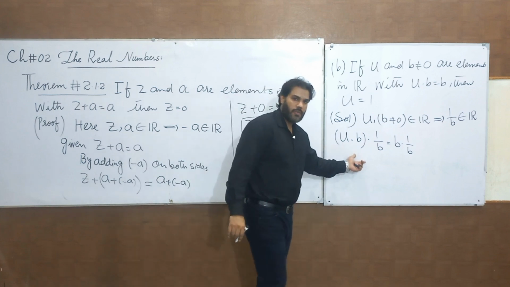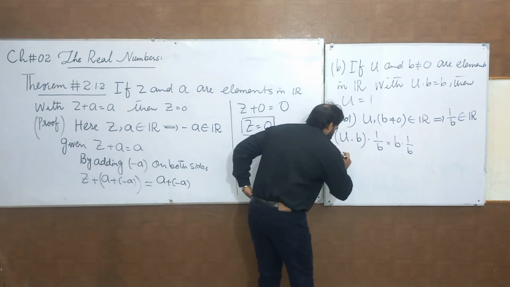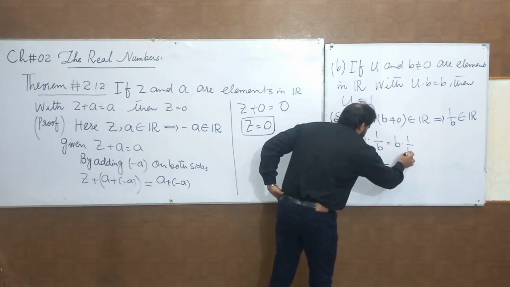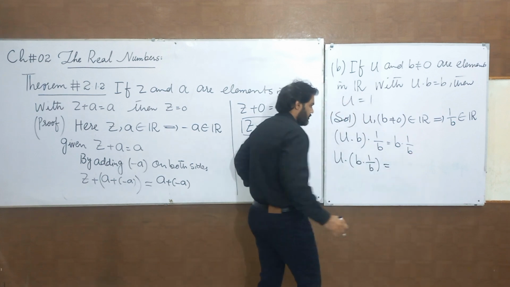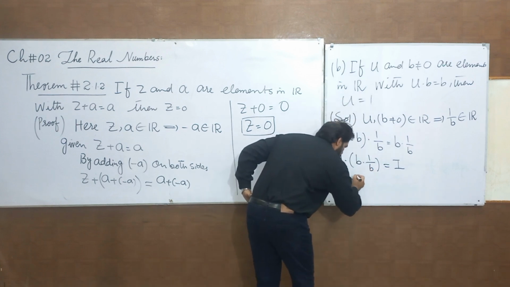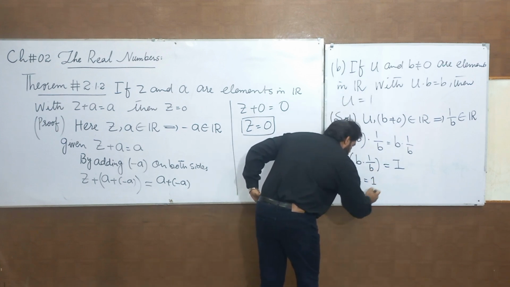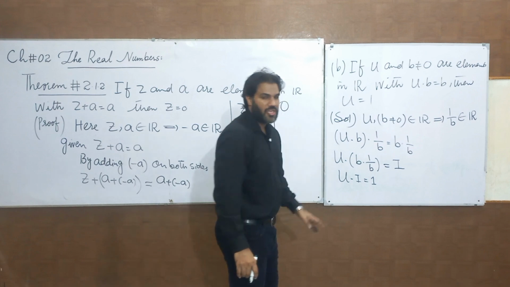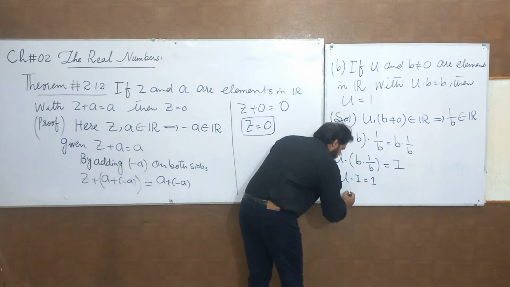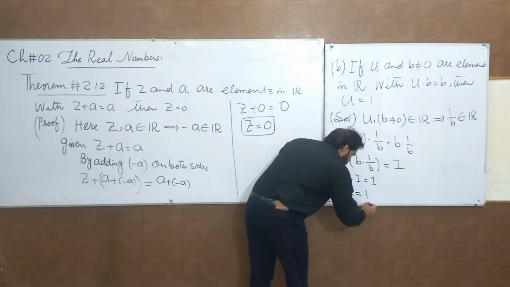By using the associative property, this can be written as u into b into 1 over b. As b and 1 over b are the reciprocal of each other, this gives us 1, and this is also 1. u into 1 is equal to 1, and as 1 is the multiplicative identity, when we multiply u with 1, this gives u, which is equal to 1.